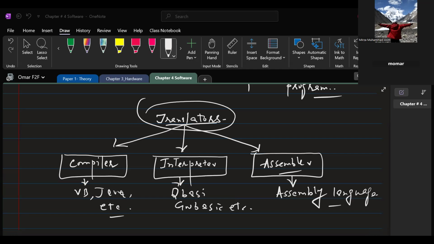What is the difference between interpreter and compiler now?